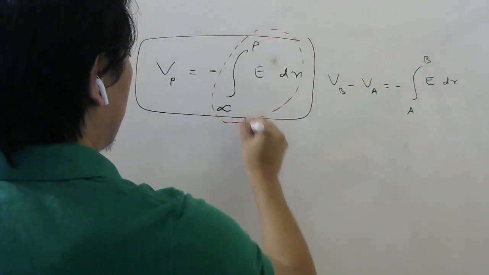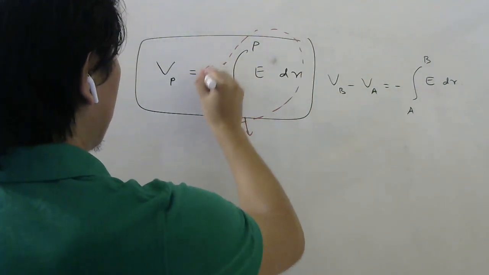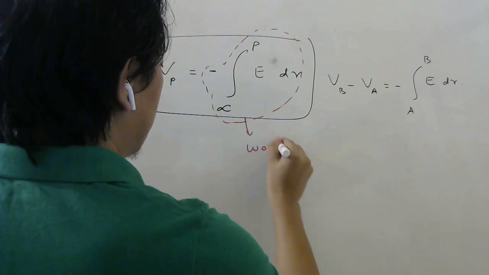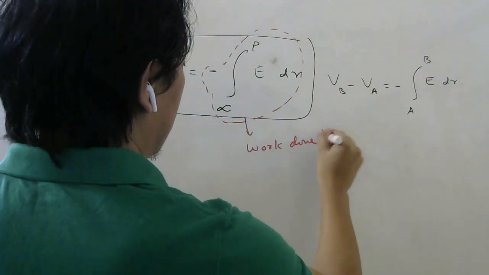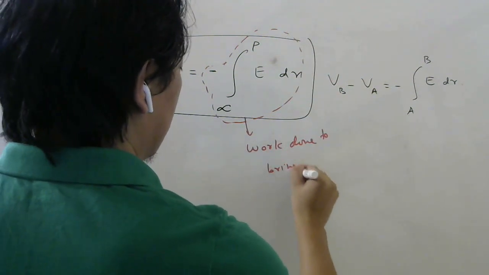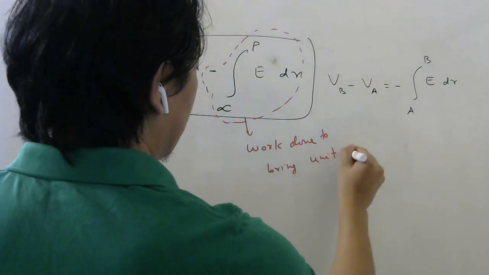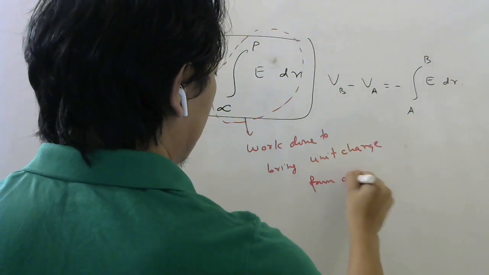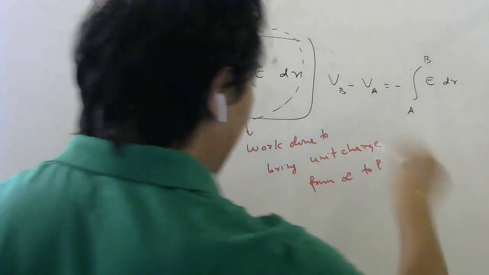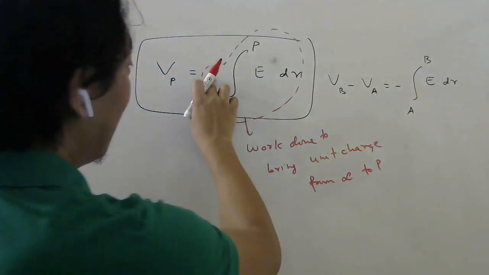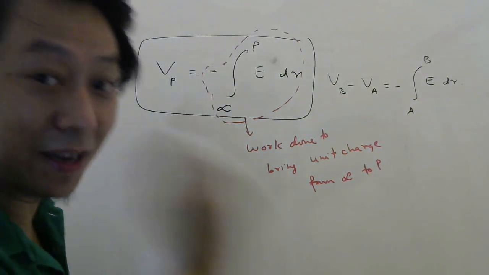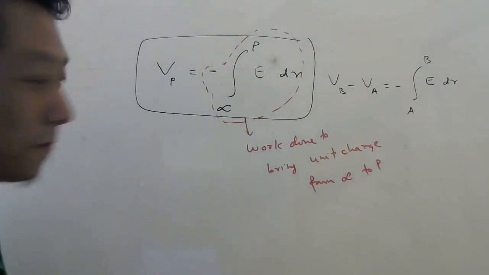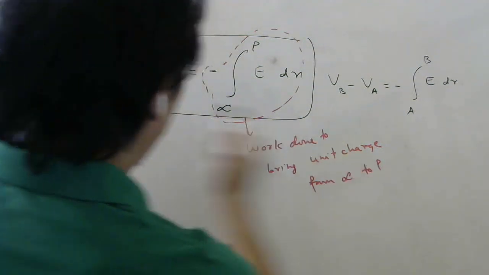This represents work done, include the minus sign also, no problem. So this represents work done to bring unit charge, yesterday also I explained, from infinity to P against the field. That minus sign is representing that you are moving against the field actually. Okay, students? And if you remember, that is the meaning of potential.